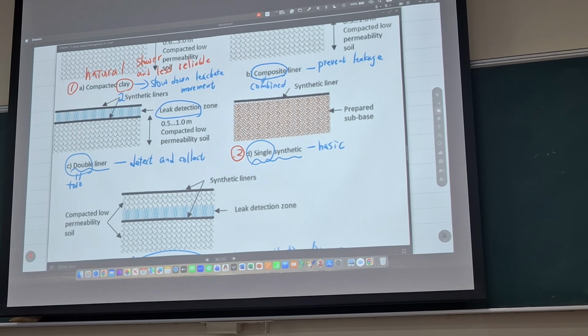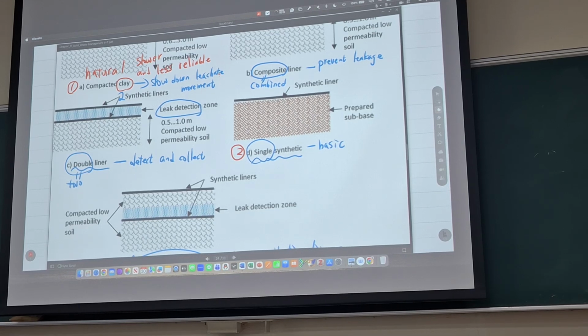You talk to the supervisor's supervisor, and they say, okay, I give you some more money, then you can upgrade to composite liner, number 3. But later you find out this area is very contaminated. You tell the supervisor's supervisor your family will drink very dirty water. Then they give you some money, and you can upgrade to double liner.